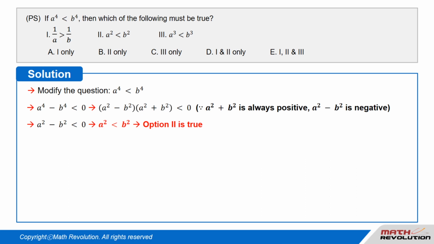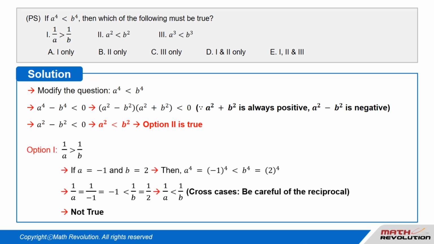Now, a squared plus b squared will always be positive, and therefore, a squared minus b squared must be negative. So we get a squared minus b squared is smaller than 0, or a squared is smaller than b squared. Thus, option 2 has to be true.